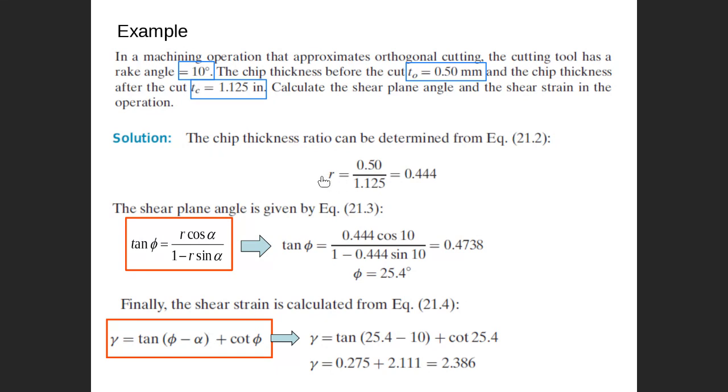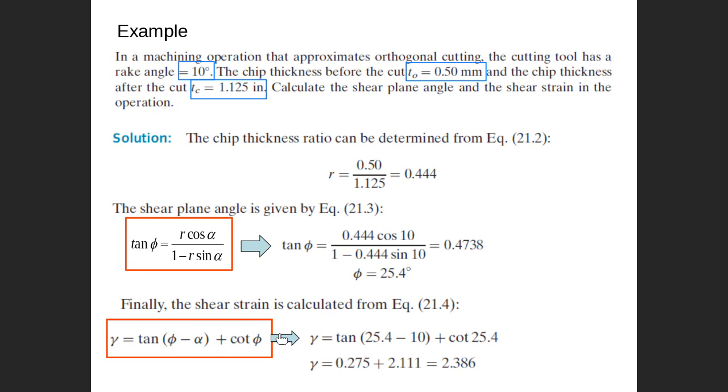First, r equals To divided by Tc. To is given, Tc is given. This is the ratio r. Then you apply it in the equation: tan phi equals r cosine alpha divided by 1 minus r sine alpha, with alpha given as 10 degrees. Then you get tan phi, and phi equals 25.4 degrees.